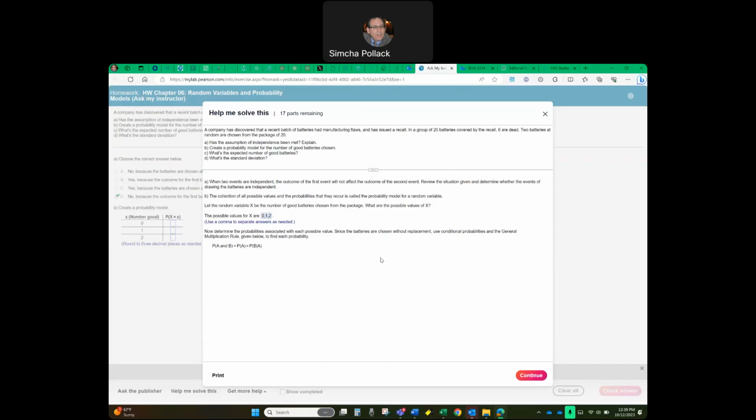The chance that the first battery is bad and the second battery is bad is P of A times the probability of B given A, and that vertical line means given that the first battery was bad also. So the chance that A and B are both bad, where A is the first battery is bad and B is the second battery is bad. In other words, the chance that no batteries are good can be gotten by that formula.